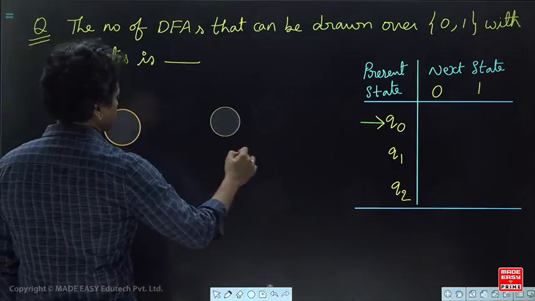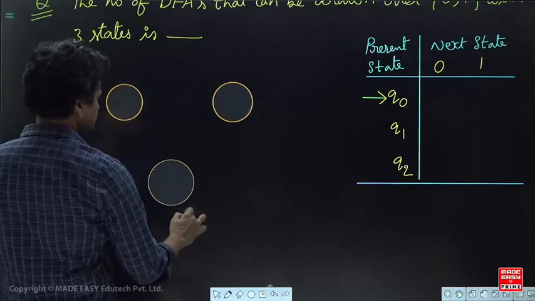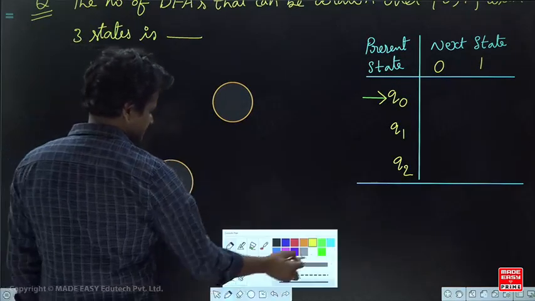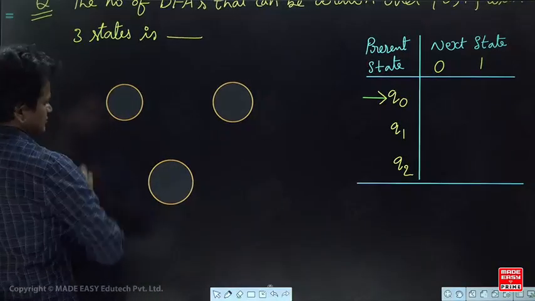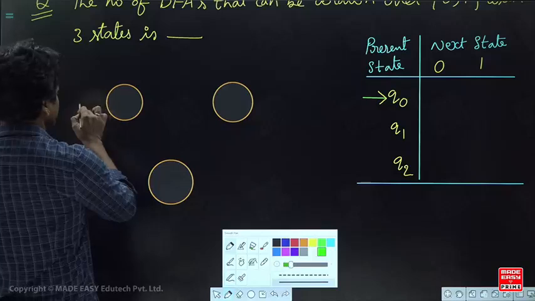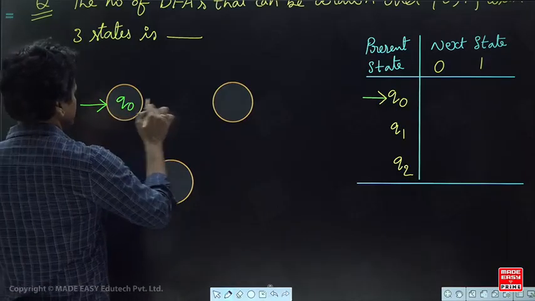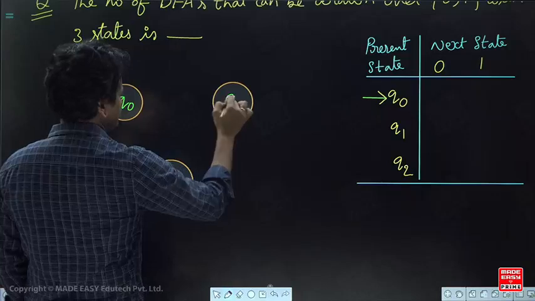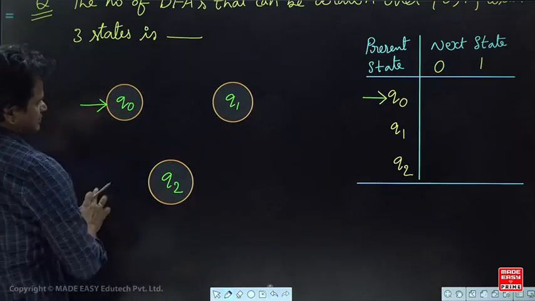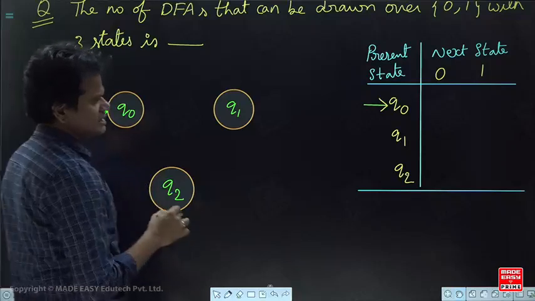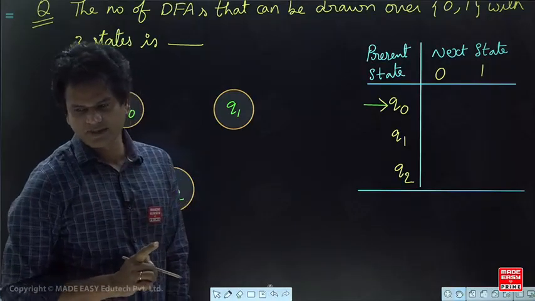Let Q0, Q1, Q2. These are the three states. Let Q0 is always initial and Q1, Q2 are the other states. Now guys, we must represent at every state for every input.